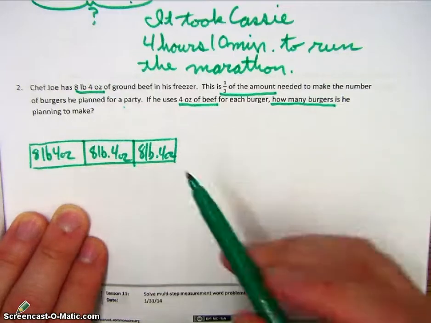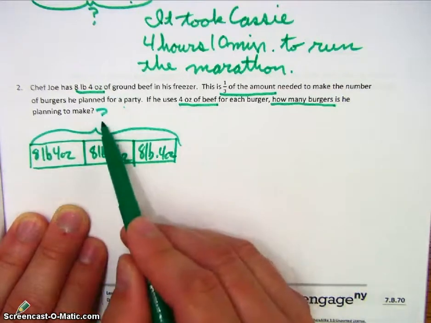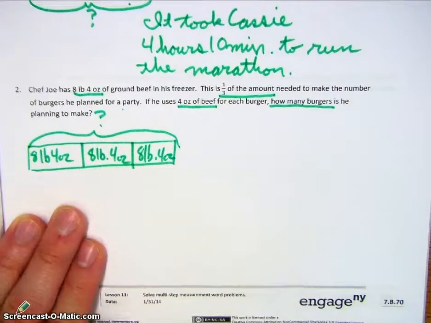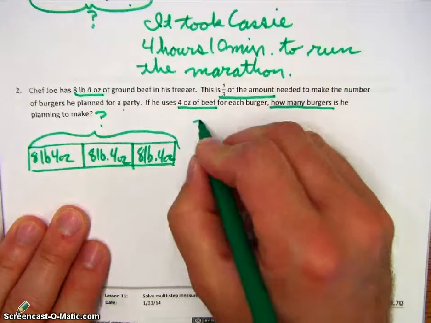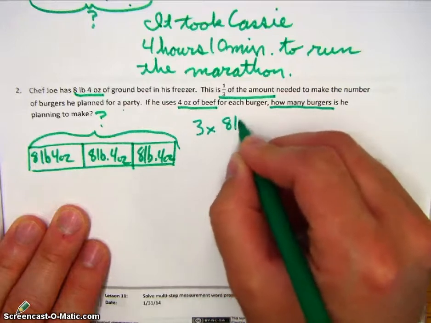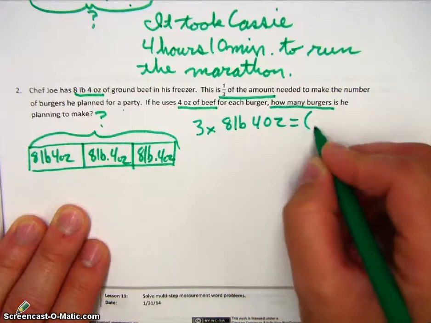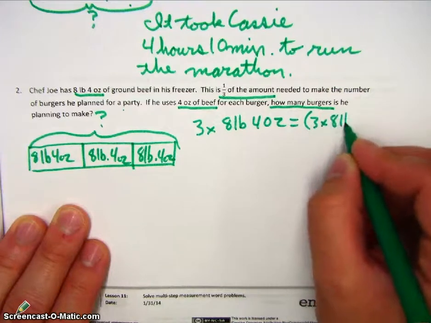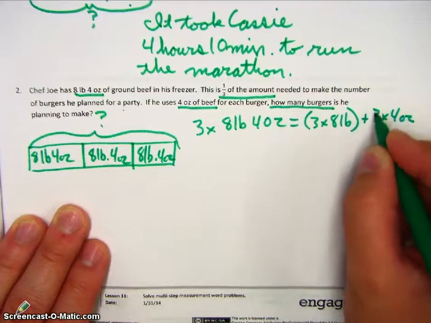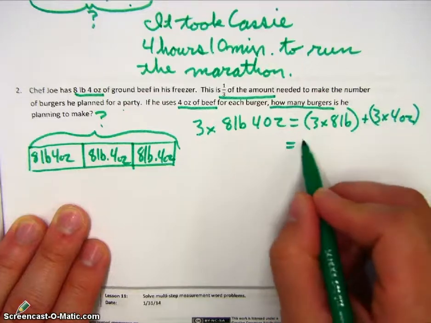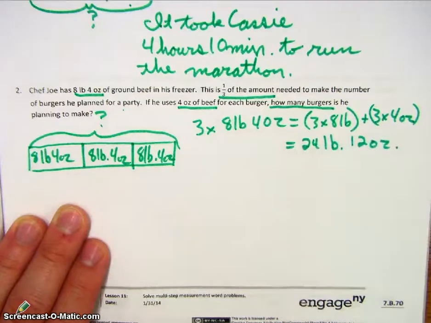So first thing we need to do is find out how much meat he needs for the whole party. So we're going to do 3 times 8 pounds 4 ounces. So that's 3 times 8 pounds plus 3 times 4 ounces. So that gives us 24 pounds and 12 ounces.